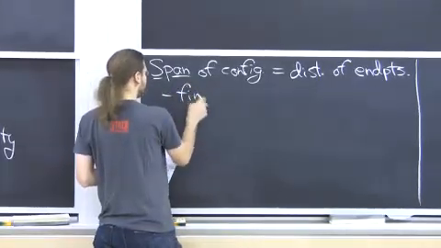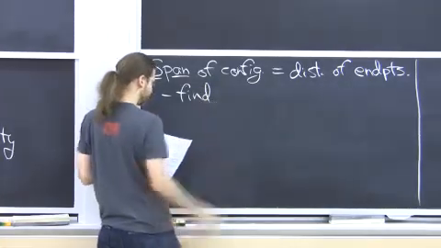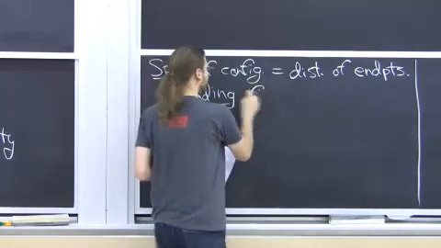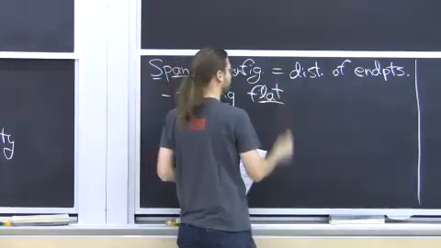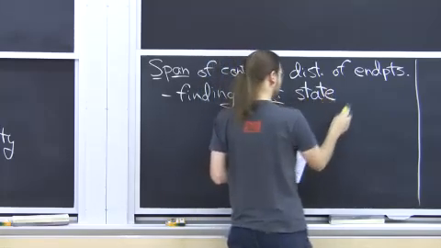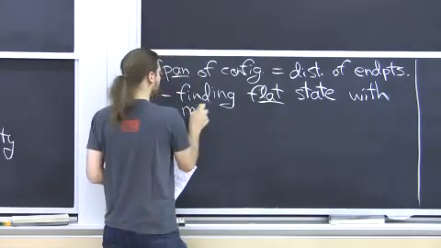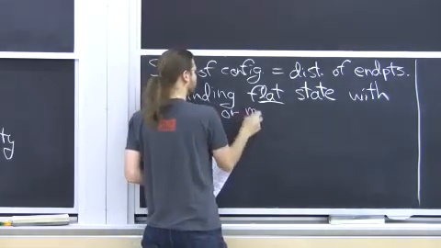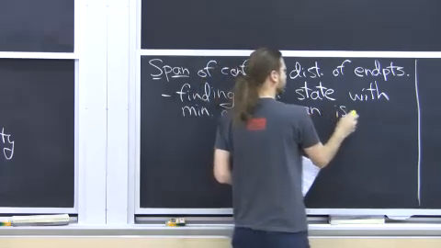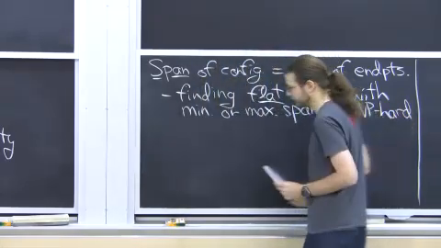This search was begun by a guy named Mike Sauce, who was a PhD student at McGill. And he proved that if you want to find, for example, a flat state that lives in 2 dimensions with the minimum or the maximum span, this is NP hard. This is in his PhD thesis.